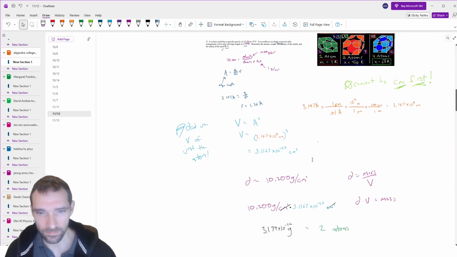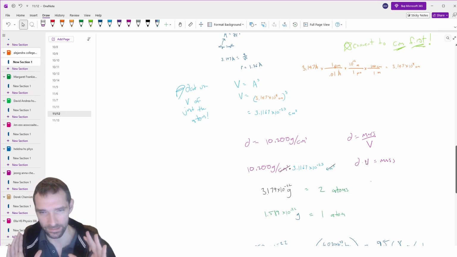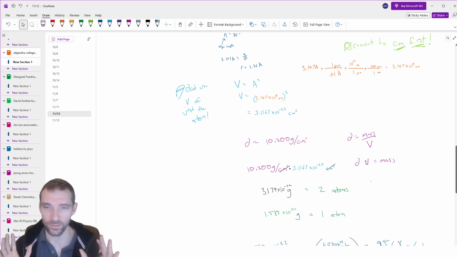So the density of this is considering that stacking, and if we're using these edges to find the volume of that space, that's not the volume of a single atom, it's the volume of one of these cubes.